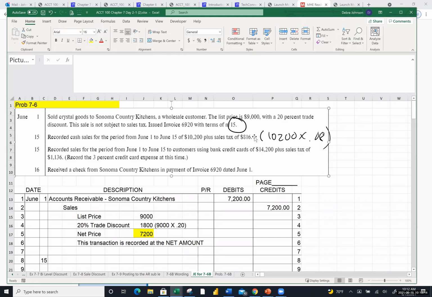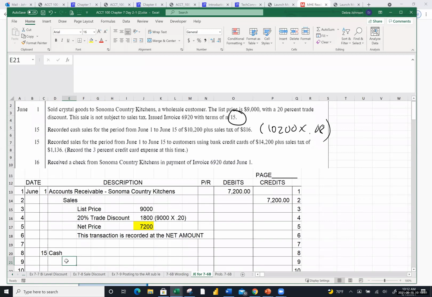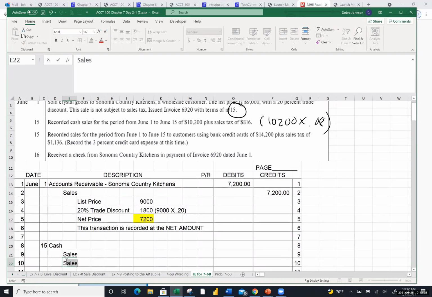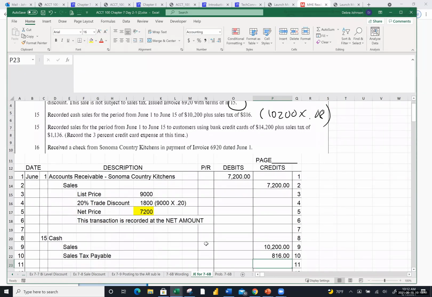So our job is to record the cash sales. Okay, so here's the shell. They got cash, and they got cash for the sum of the sales and the sales tax payable. So I'm going to fill these credits in first because they're typically easier. They're given. So 10,200 was the amount of the sale. 816 was the amount of the tax.